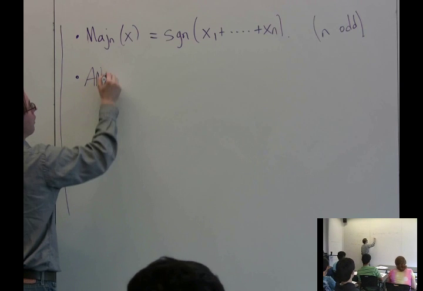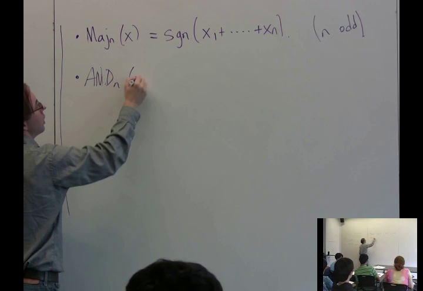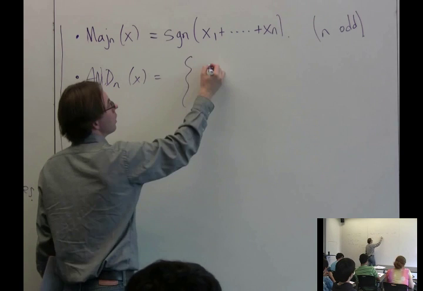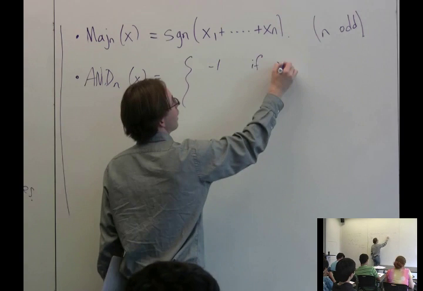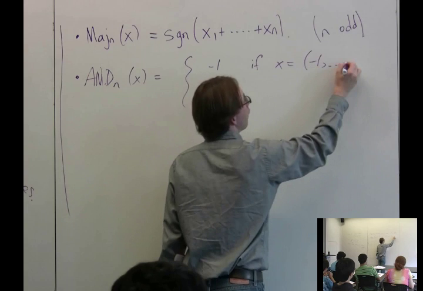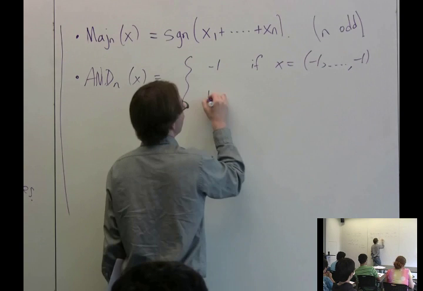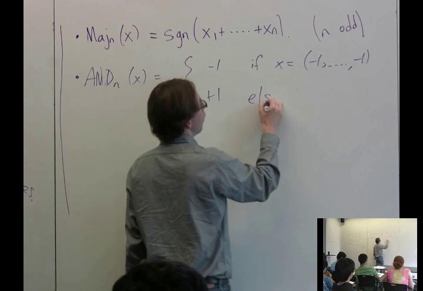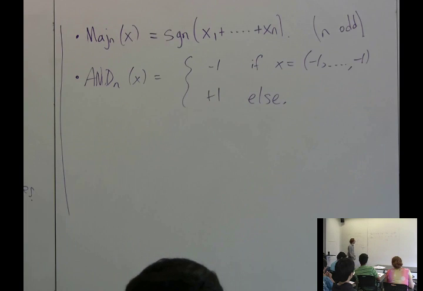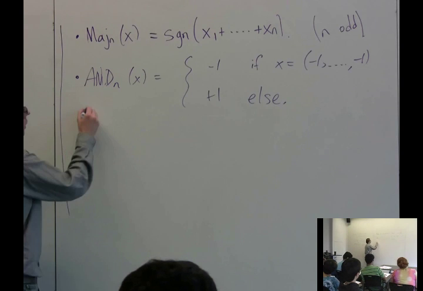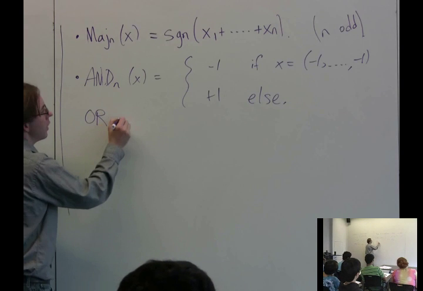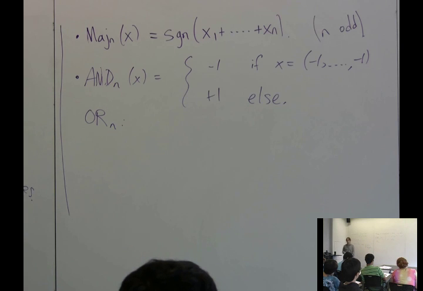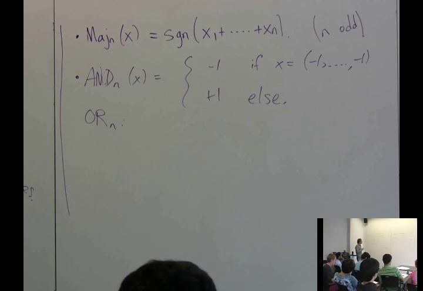It's the logical AND function, which in our notation is true if x is all trues, or false if somebody votes for false. And the OR function is the Boolean dual of this, which is true unless all the inputs are false. So that's another popular Boolean function.